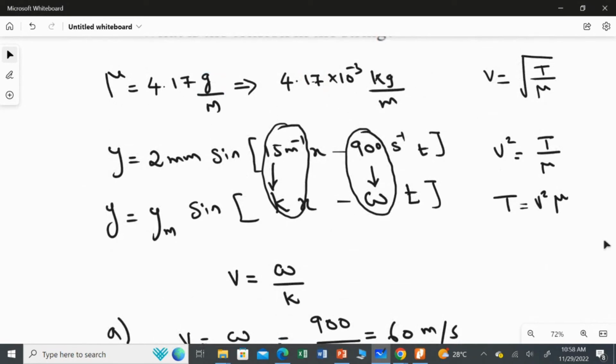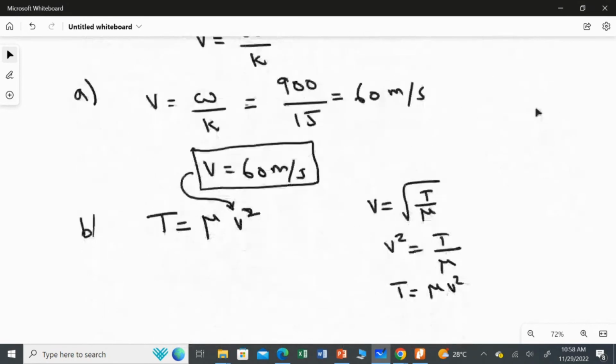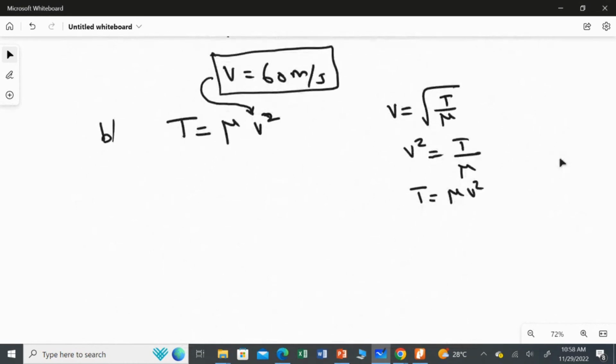I have to convert it to kilogram per meter, so I'm going to use this data here. T equal to 4.17 multiplied by 10 power minus 3 multiplied by 60 squared.